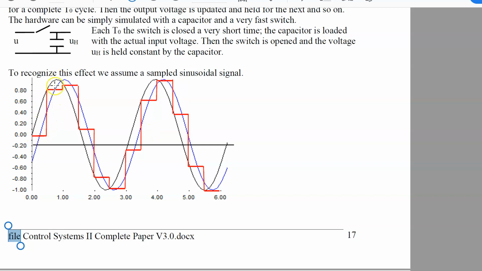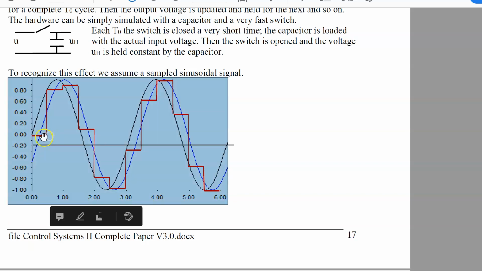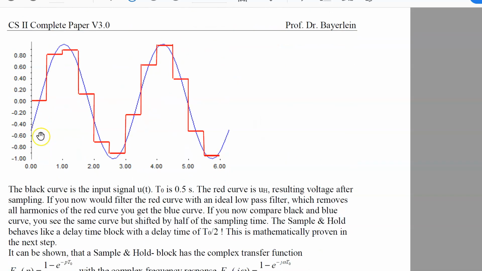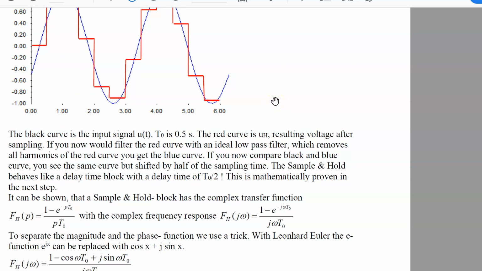The black curve always touches the top left corners of the red curve, and the blue curve lies in the middle of the red curve. You see the difference is just half a step, and one step is one sampling time, so the difference is, very simply said, half of the sampling time. This can be proven with mathematical calculations.